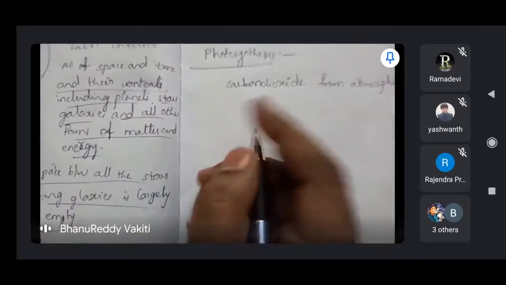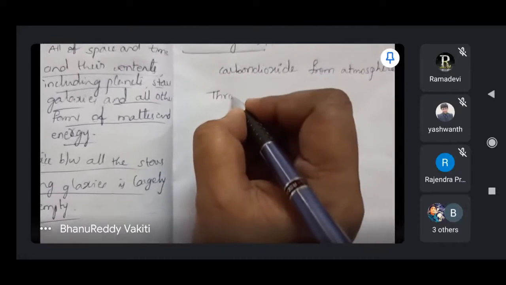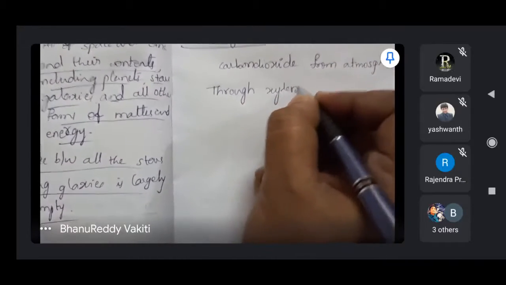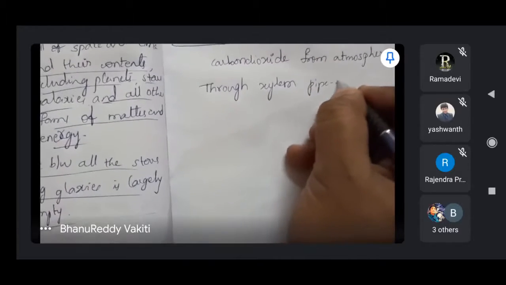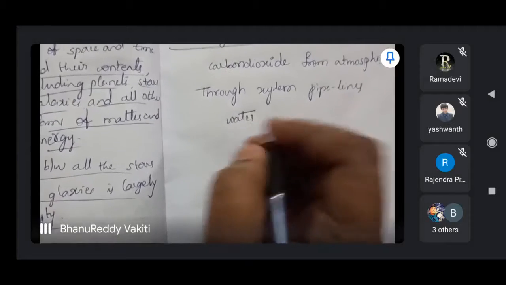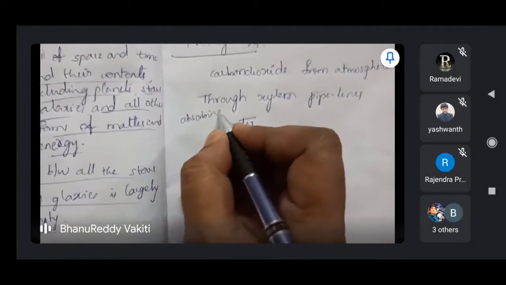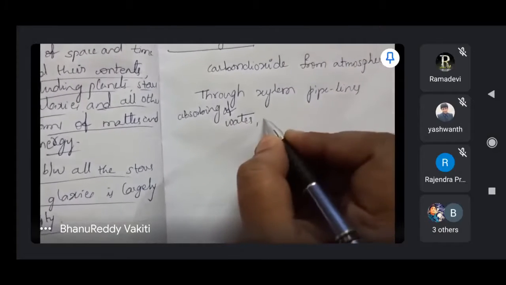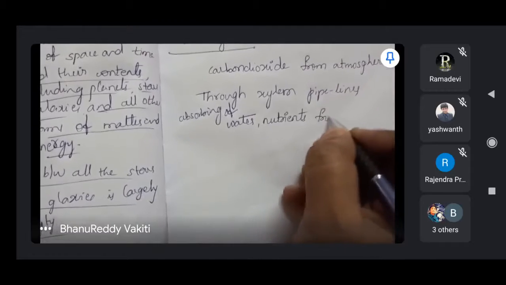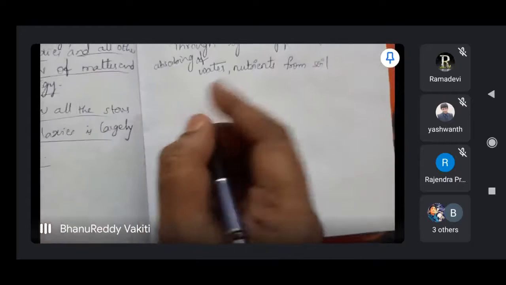From the atmosphere, and through pipelines, the xylem, what are those? They absorb water and nutrients from the soil, and then these are going up.